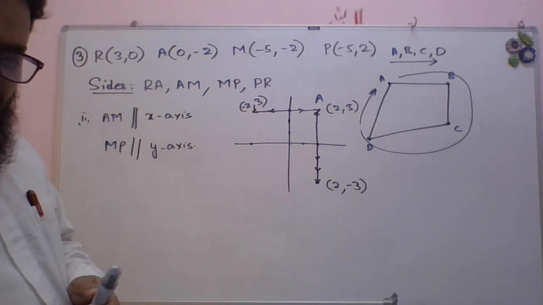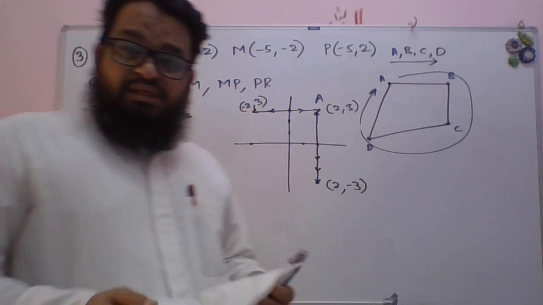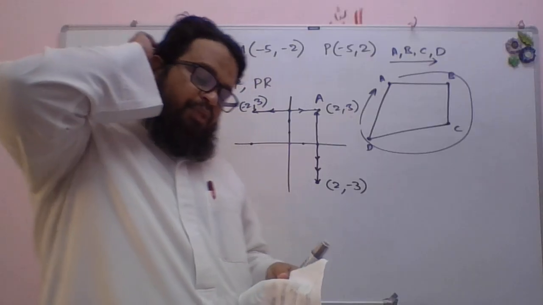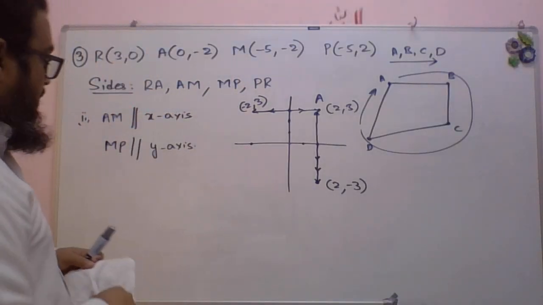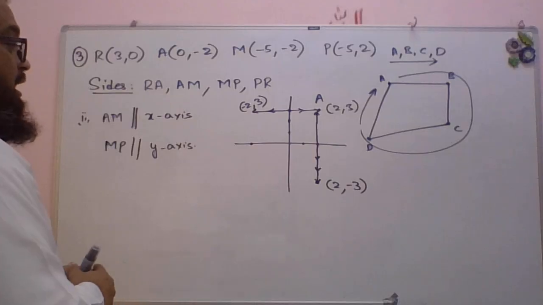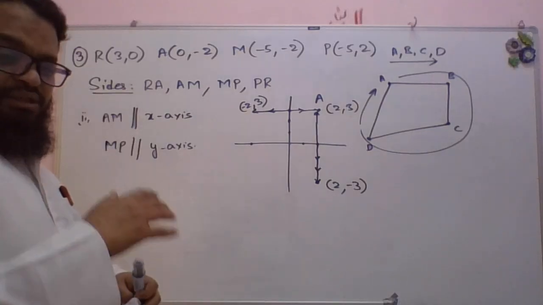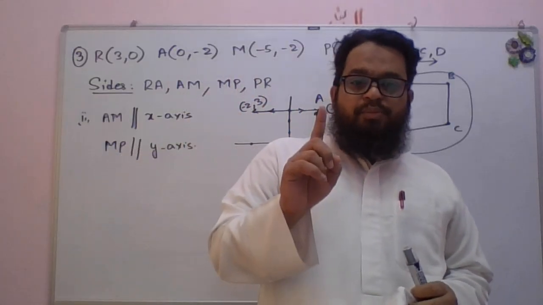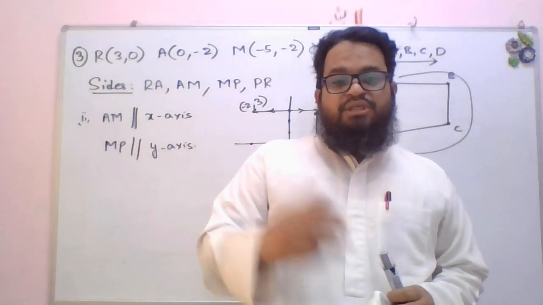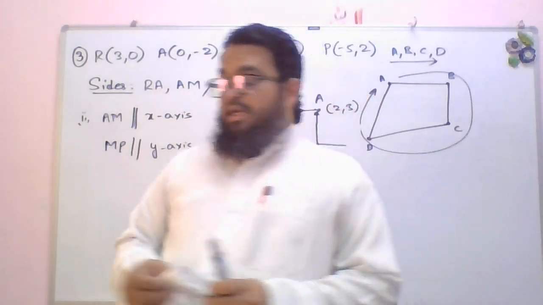Now everybody understood what a mirror image is. This concept is actually called reflection. Now let us see what the mirror images are. Mirror image means any one coordinate should be equal and the other should change its sign.